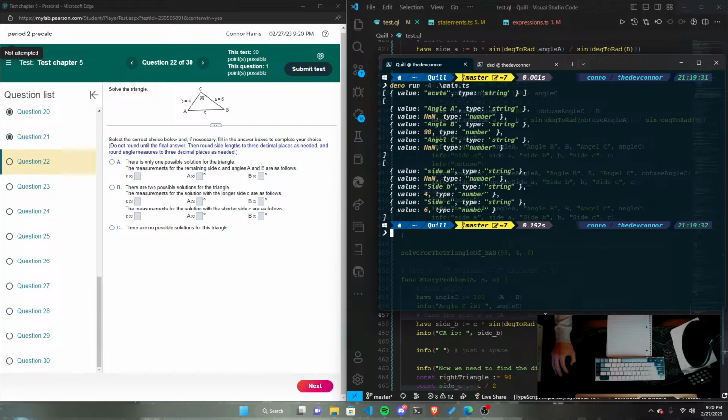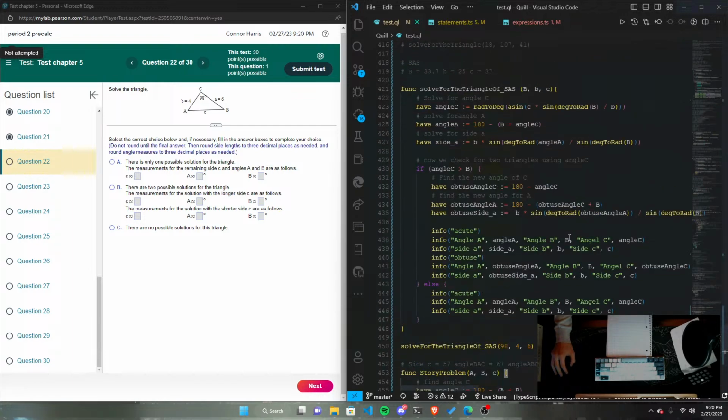If acute, else B times sine of that divided by sine of that. I don't see divide by 0. Interesting. Angle A. Well, I guess it does make sense. If it's not a number, one of those can't be computed, which means you probably can't compute the other one.